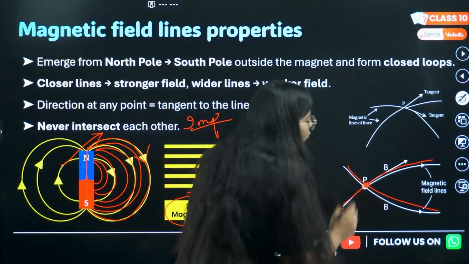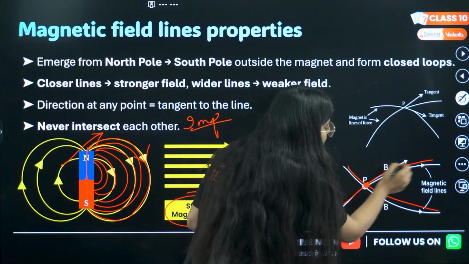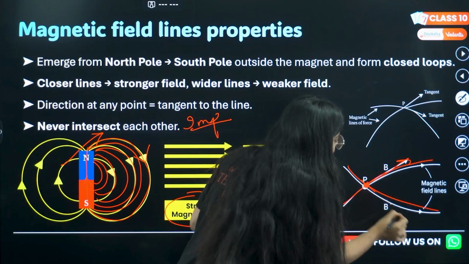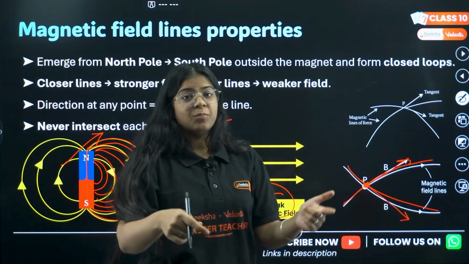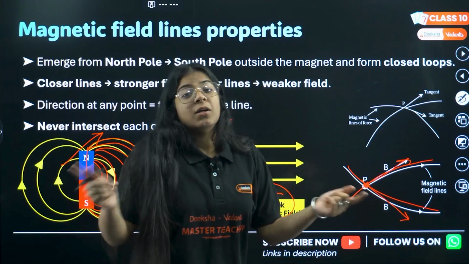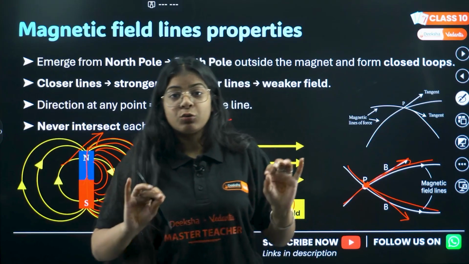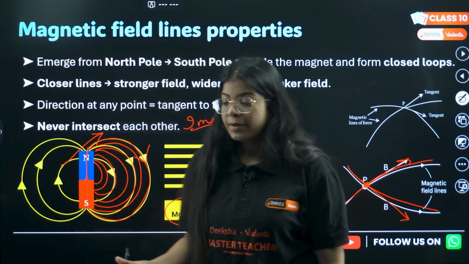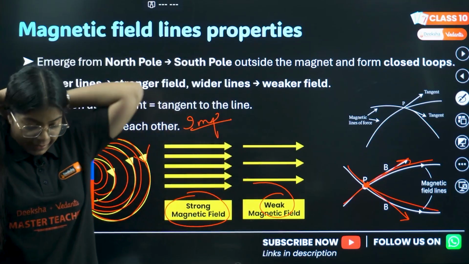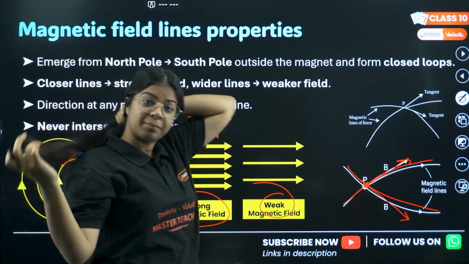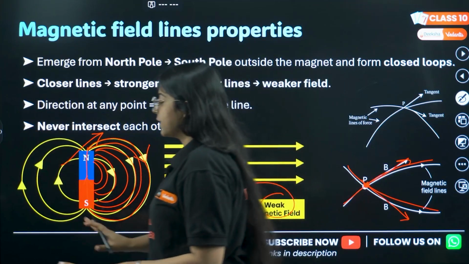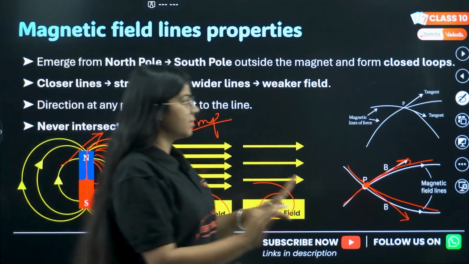If I make the tangent according to this magnetic field line, the tangent will be here, and according to this magnetic field line, at the same exact point, the tangent will be downwards. But we know at one single point we cannot have two tangents. So our magnetic field lines can never ever intersect each other.